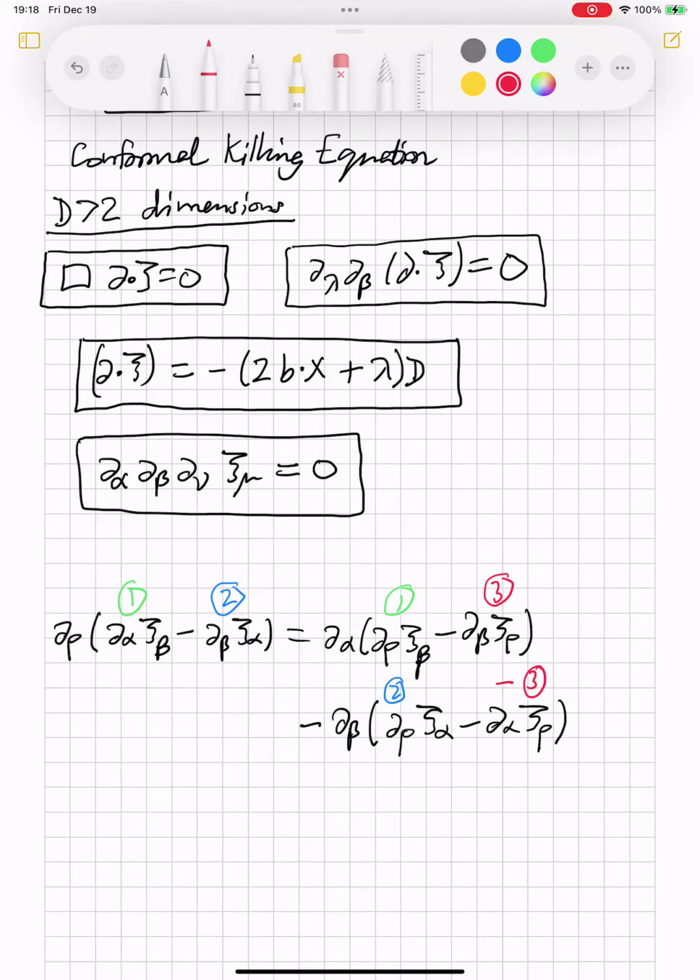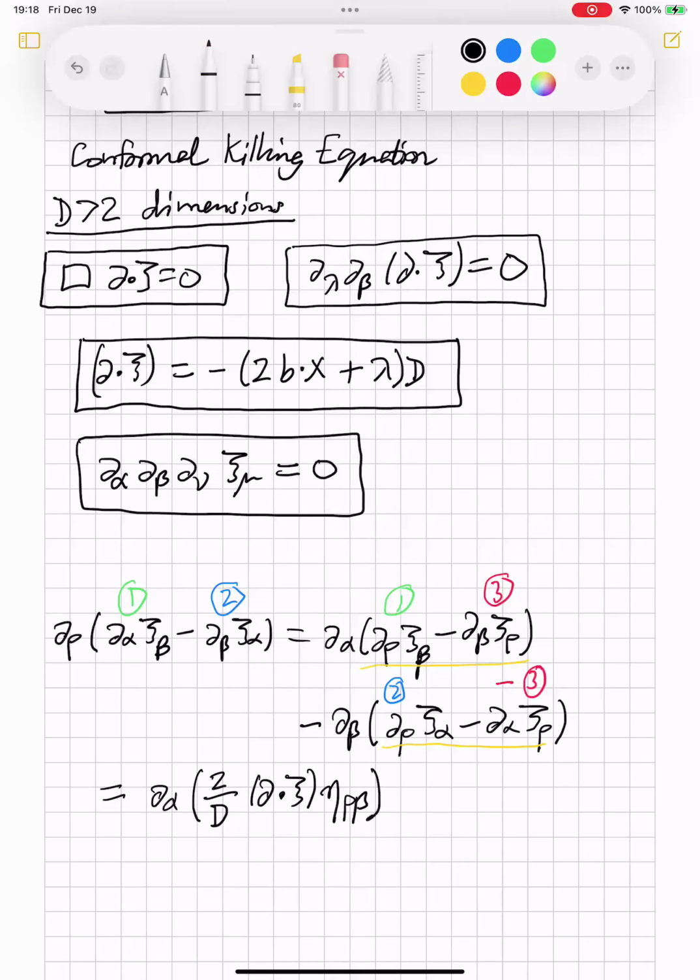And now what I'm going to do is use the Killing vector equation to rewrite that term and that term. So let's do that. So this will be equal to ∂_α, and then on the right-hand side of the Killing vector equation, we have 2 over d, ∂·ζ, η_ρβ.